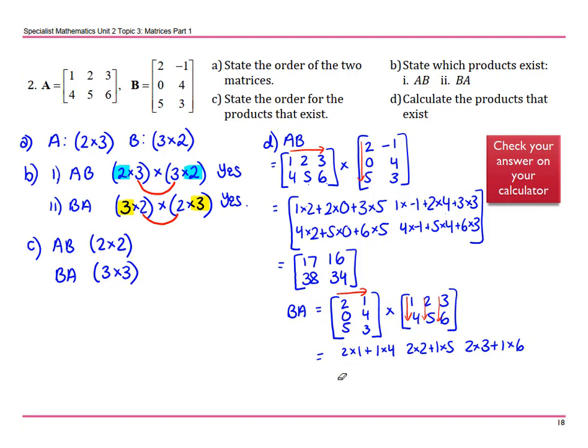And my bracket is not big enough because I need to have 3 rows in this. I should have gone back to the knowing that I'm going to end up with a 3 by 3.